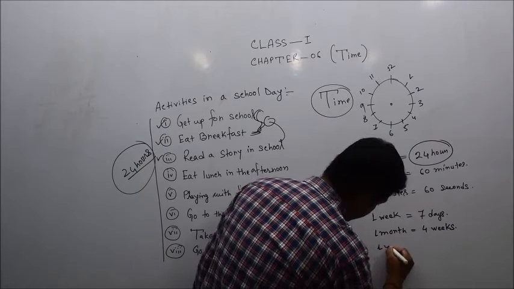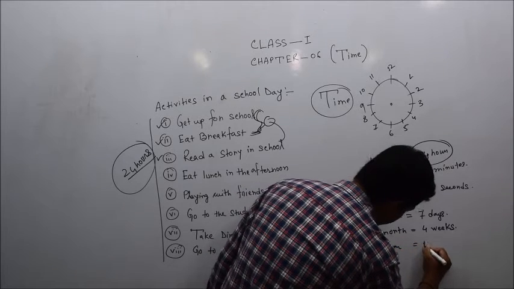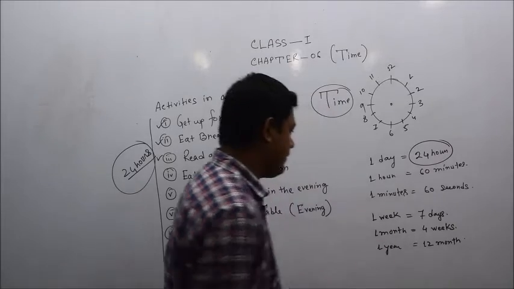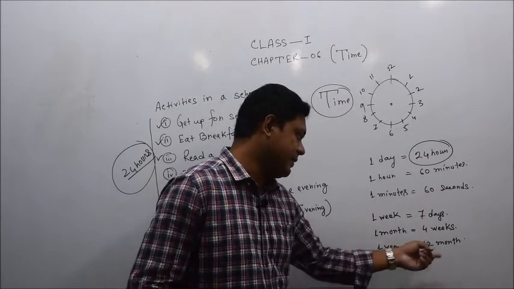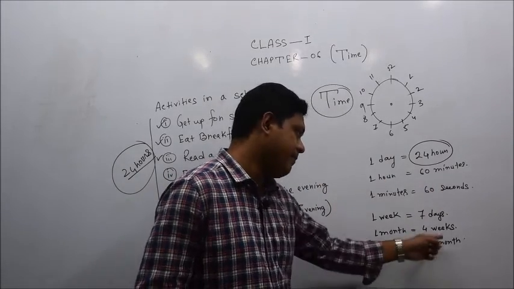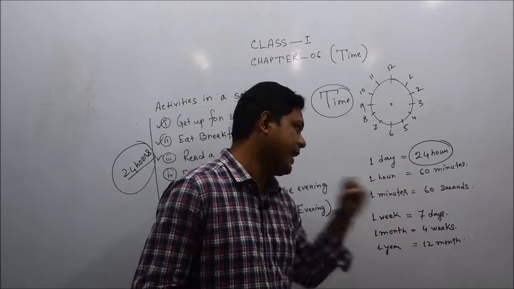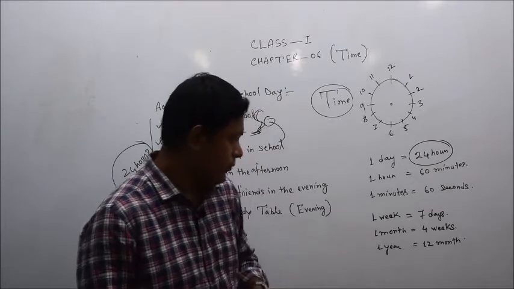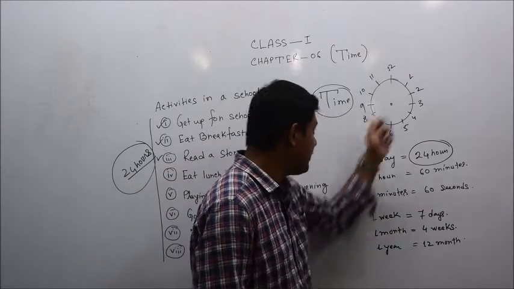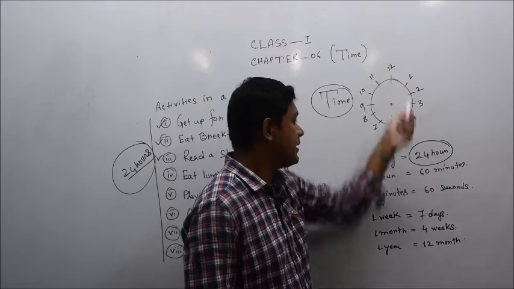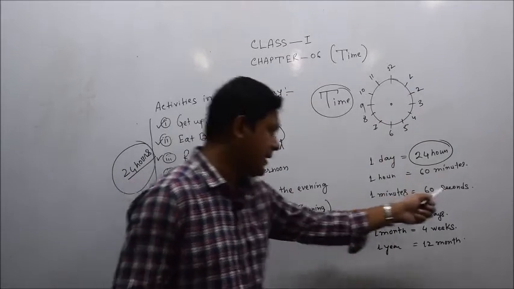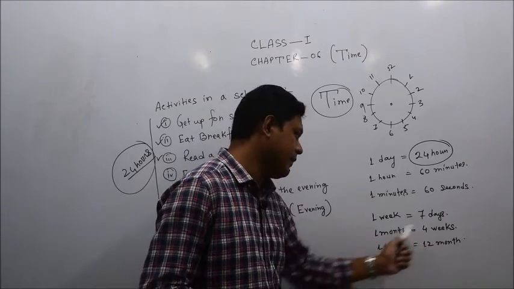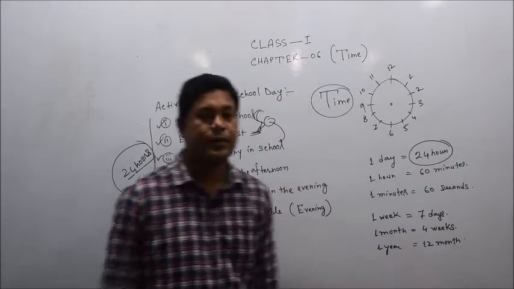Again, in 1 year, how many months will there be? In 1 year we have 12 months. So these are the big units of time, that is year, month, week, days, and after that hours, minutes, seconds. So we should know, starting from the small portions of second, minute, hours, and after that week, and after that month, and later years.